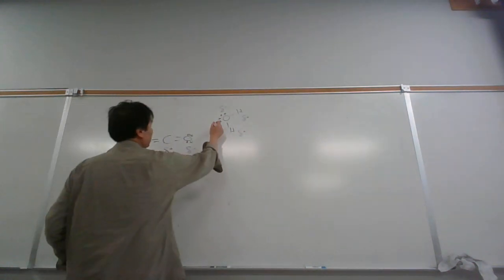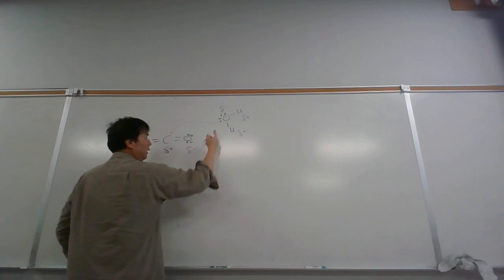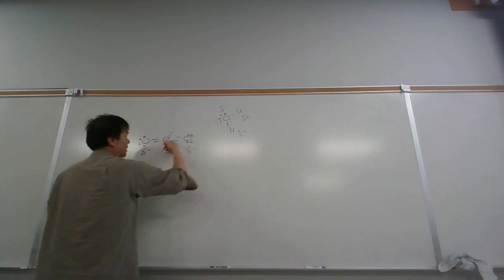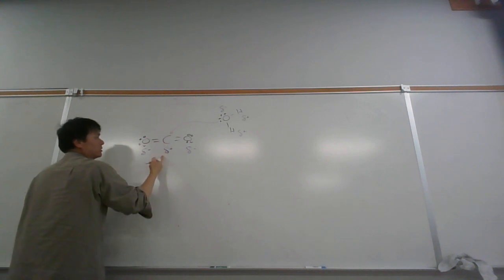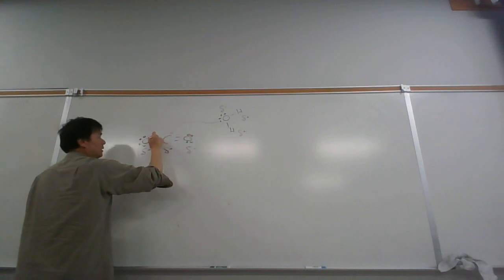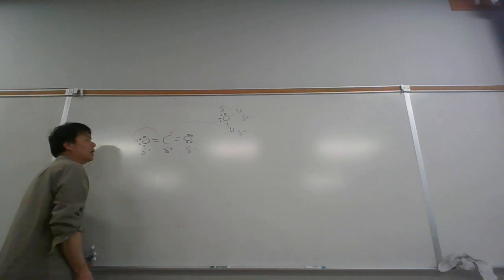And so here it is. This would be our Lewis base, negative charge density, lone pair, attacking our Lewis acid, positive charge density. And we've got to make room. We can make room because if this lone pair comes to carbon, then we can kick out the pi bonding electrons and make those a lone pair.